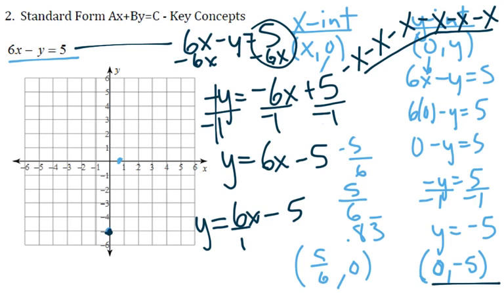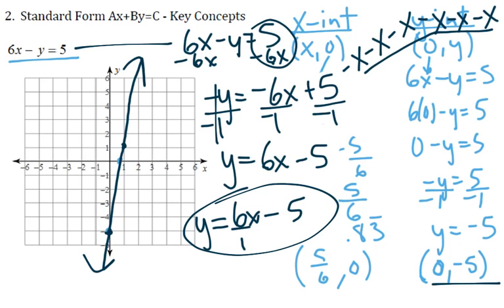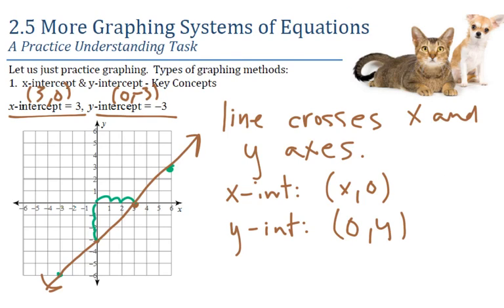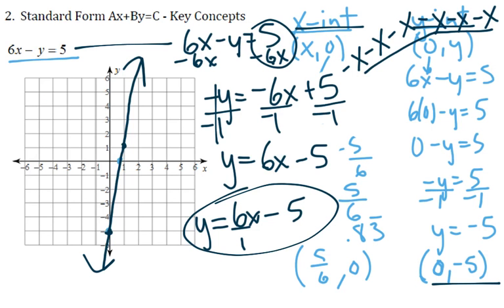So we go right there, then up 6, and over 1. Okay, and notice that we did a pretty good job of placing our x-intercept as well. So a lot of you prefer this way, and if you understand how to do that, that's great. Do it. It works. But there's also that x-intercept and y-intercept method that you can use. Now, standard form has the x and the y on the same side equal to a number.